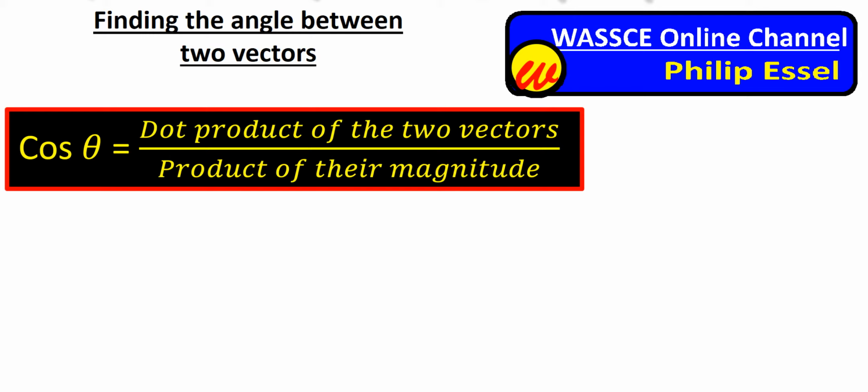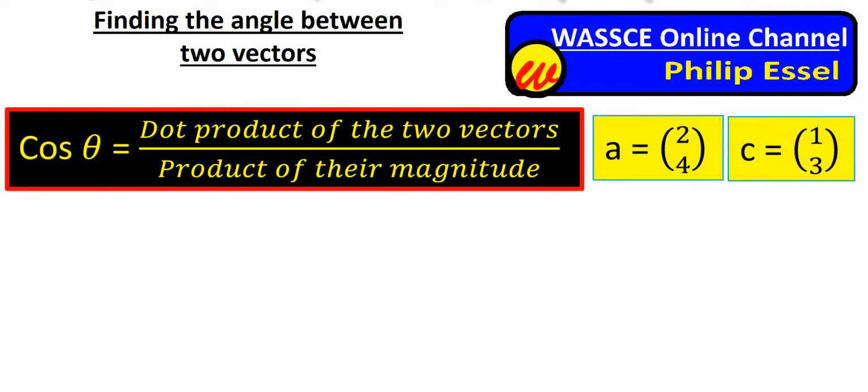So let's quickly look at this. Let's say we have the two vectors a and c. The vector a is equal to (2, 4), and the vector c is equal to (1, 3). We want to determine the angle between these two vectors a and c.